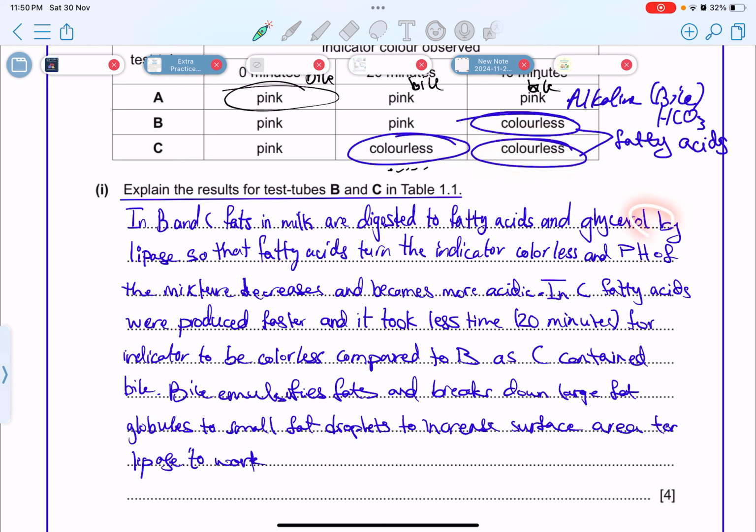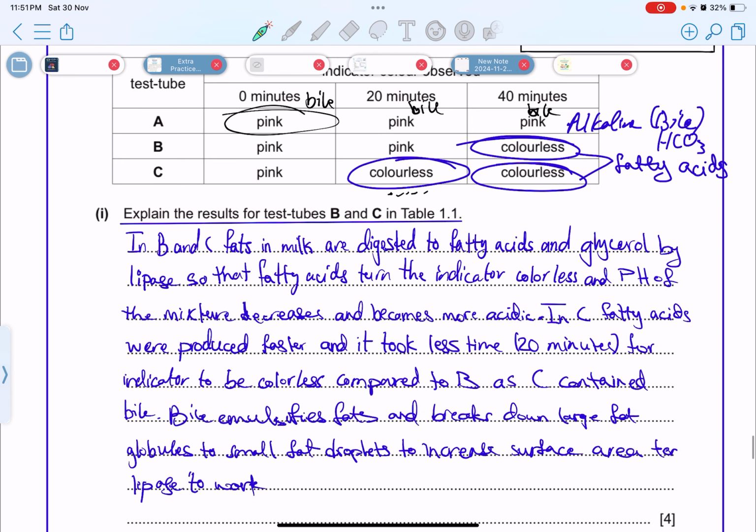Okay, by lipase. So the fats are digested into fatty acids by lipase, so that the fatty acids turn the indicator colorless as they decrease the pH of the mixture, and the mixture becomes more acidic. In C, the fatty acids were produced faster and it took less time. You can either say produced faster or took less time. 20 minutes for the indicator to be colorless compared to B, as C contained bile.